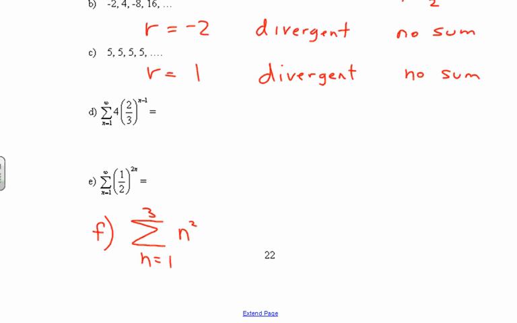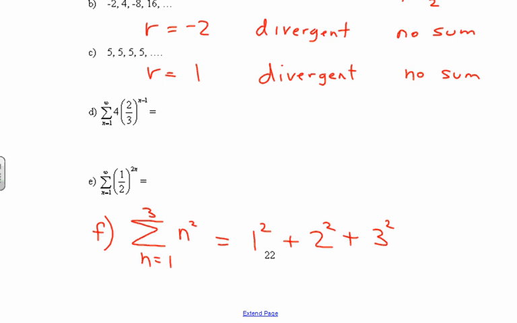So in question F, I'm going to go from n equals 1 to n equals 3. How do you do that? First of all, substitute in 1. Then put a plus sign. Then go to 2. Put a plus sign. Then go to 3 and stop there.